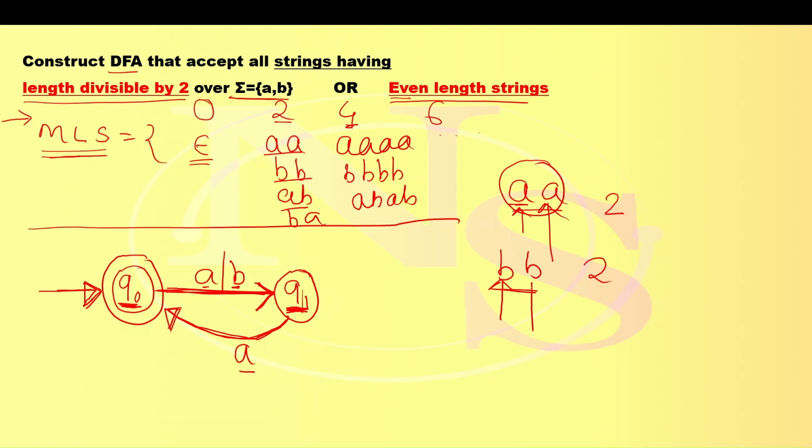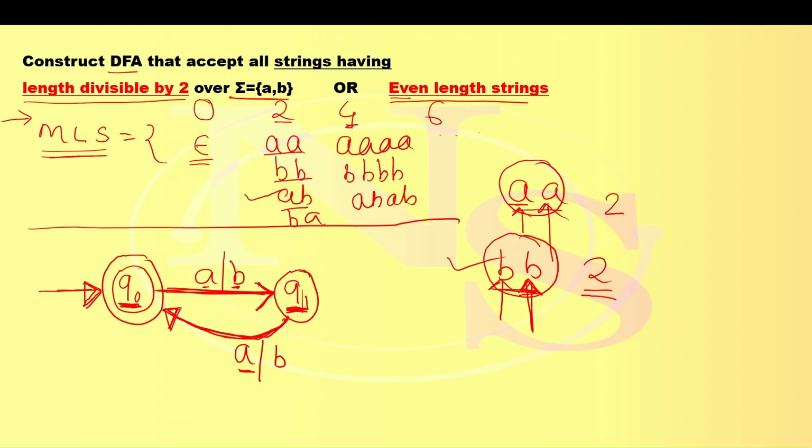Then Q1 reads the second b, and the transition for the second b should go to the final state because the length of the string is 2. From Q1 there is already a transition for a going to the final state, so we can utilize this and write a or b. Transition from Q1 reading a or b. Hence bb also gets accepted as it goes to the final state.